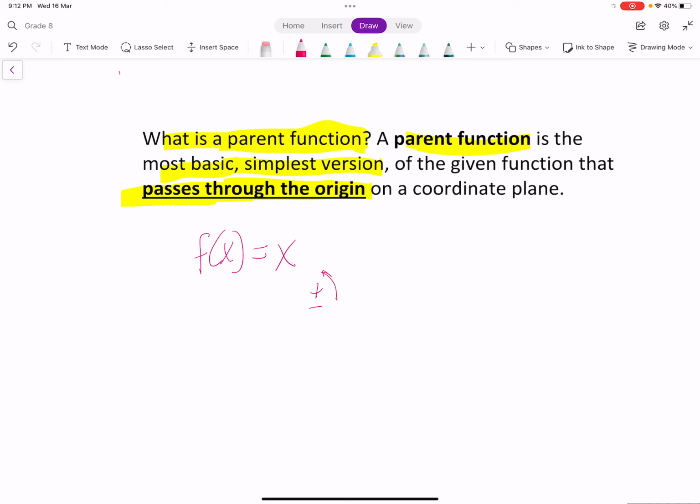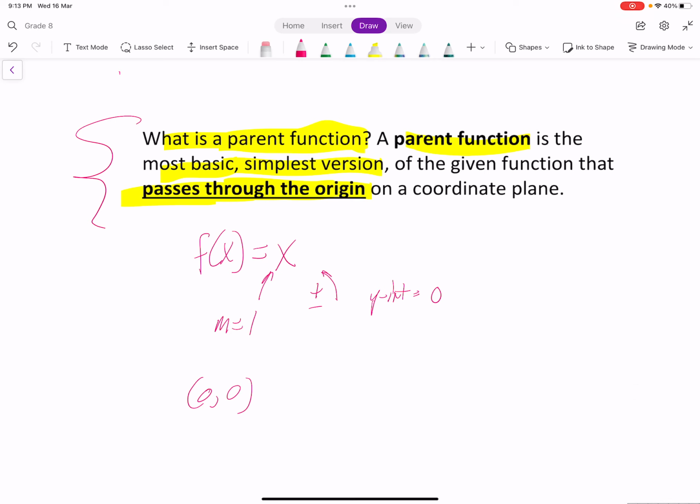So that means our y-intercept in this case is actually equal to 0. And our slope in this would be equal to 1. So it's not anything beyond just a basic graph. All right, this would pass through the origin of 0, 0, because if x is 0, y would be 0 in this case. And you see there's nothing being multiplied to it, nothing being added or subtracted. So it is the most basic version of this function.